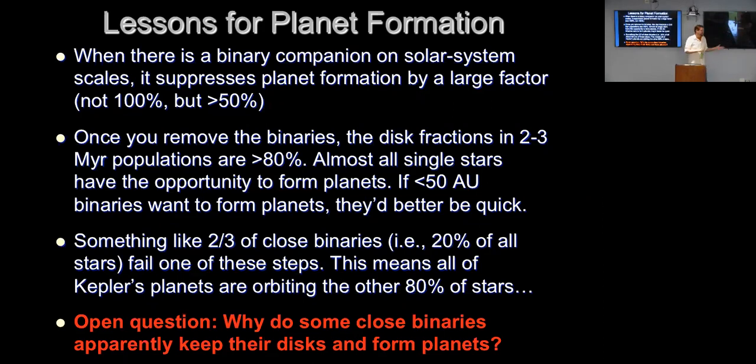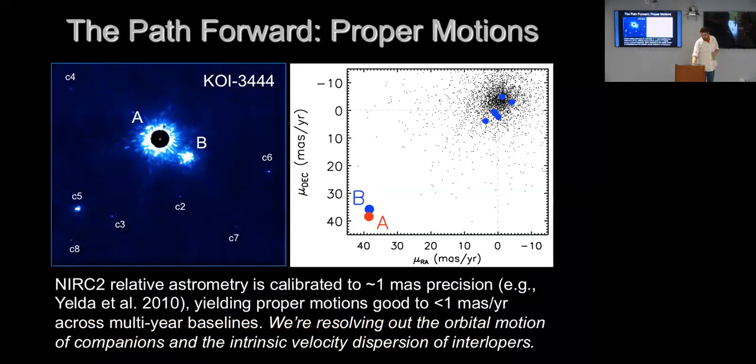And if you push it down to under 1 million years, you still don't have disks. Maybe the punchline is, at these young ages, you just don't have stable disks to build your planets out of pretty much ever. But there is this open question, why do some close binaries apparently keep their disks and form planets? And so for the last few minutes of this, I'll go through some of the options of how we can try answering that question.